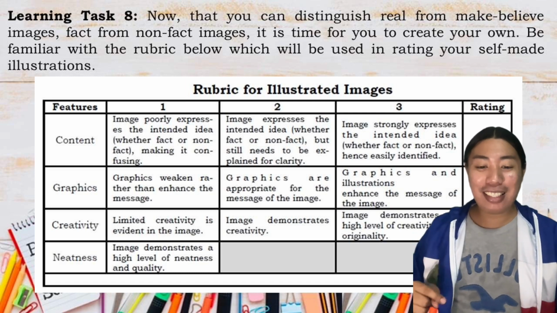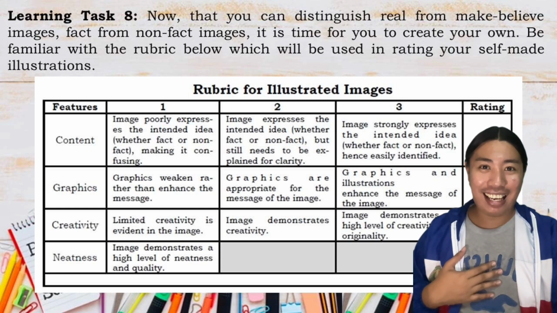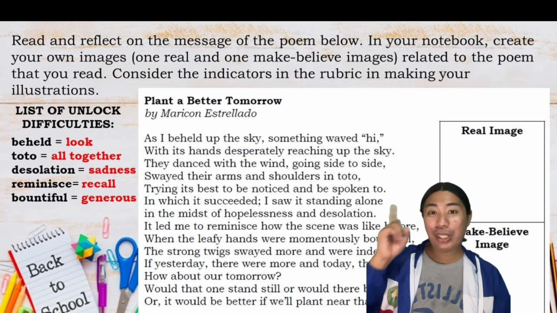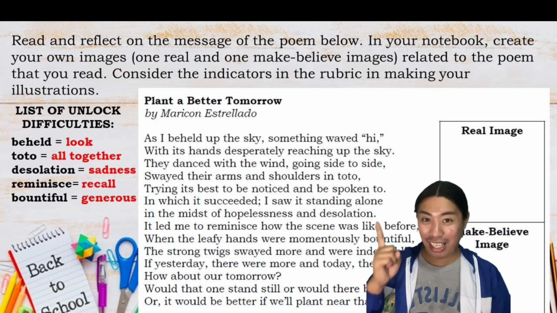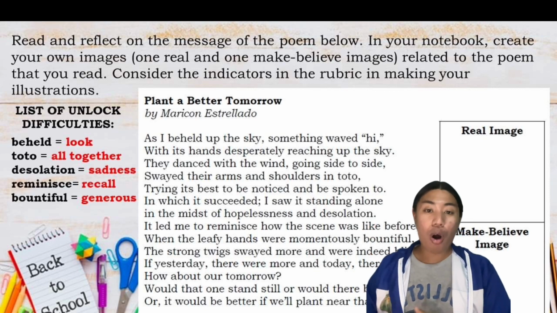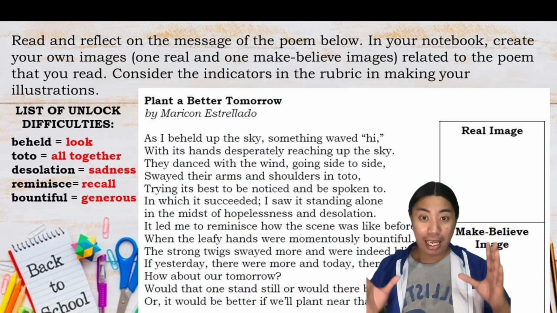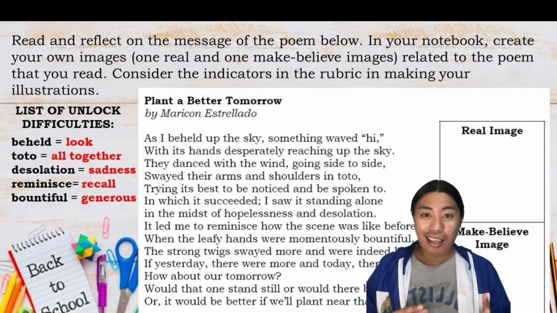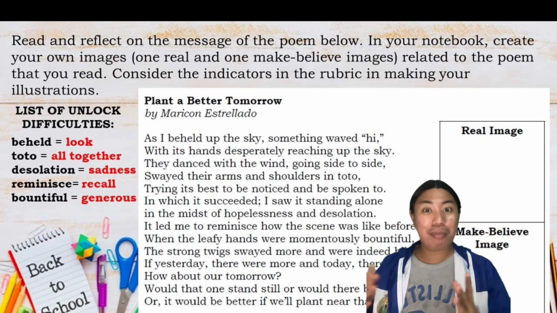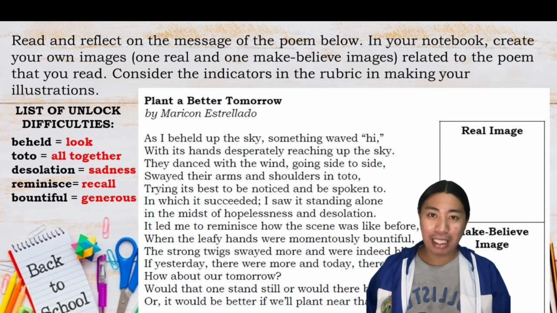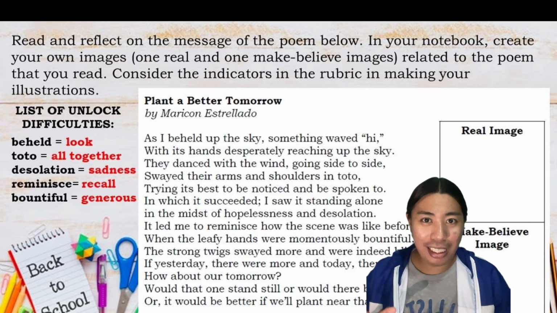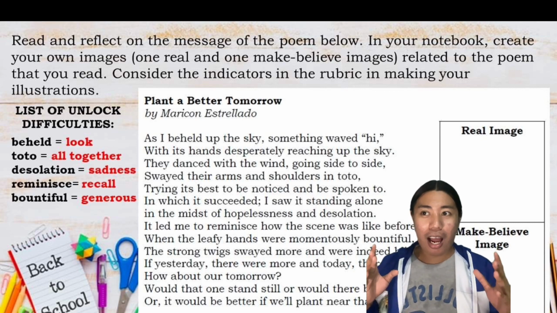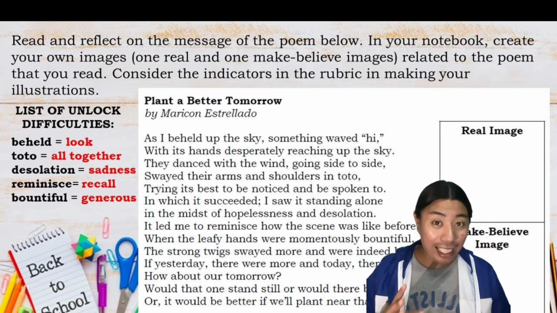So, for learning task number 8, simple lamang ang ating gagawin. So, reading the poem, The Plan for Better Tomorrow by Maricon Estrellado, so all you need to do is to make or to draw an image out from the poem. So, after nyo siyang mabasa at maintindihan, then i-drawing nyo gamit ng isang real image ang inyong appreciation, ang inyong pagkakaintindi sa poem.